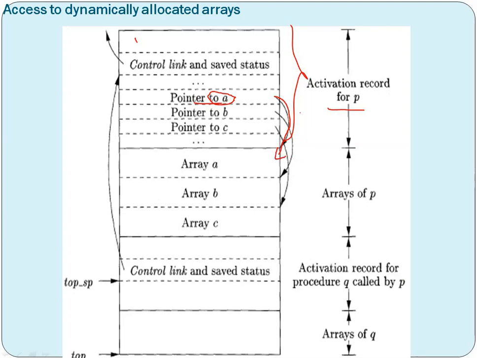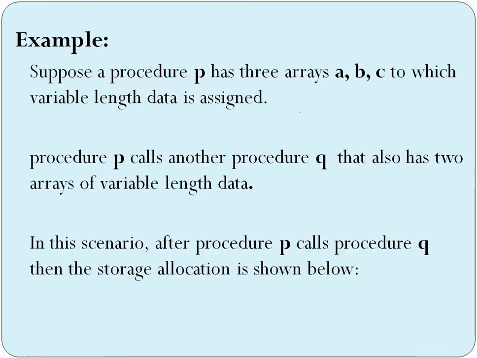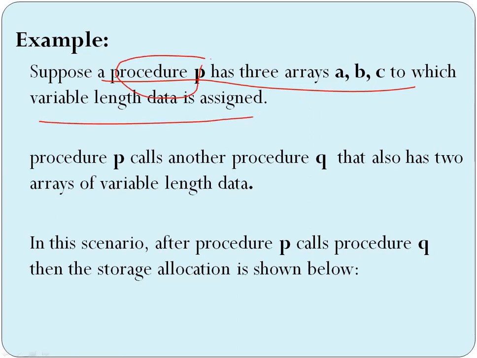So this is the storage mapping process for variable length data. Suppose a processor P has 3 arrays A, B, C, to which variable length data is assigned. Imagine a processor P has 3 arrays A, B, C, all variable length data.